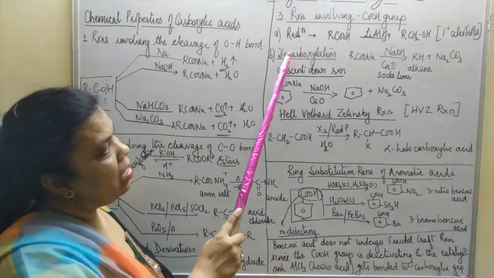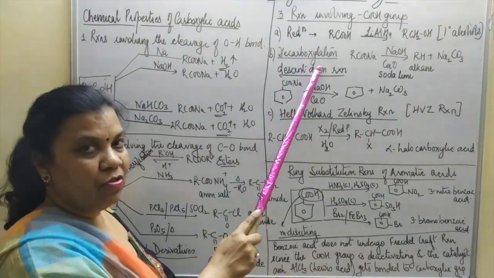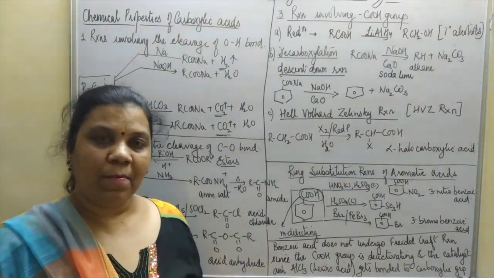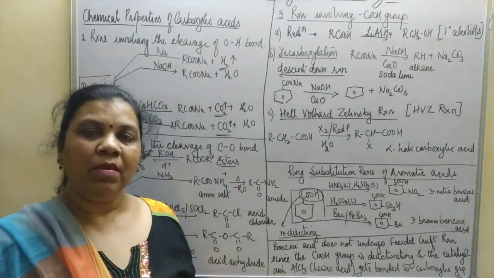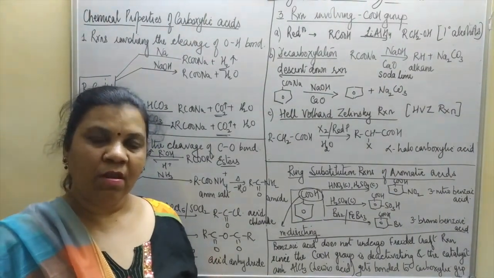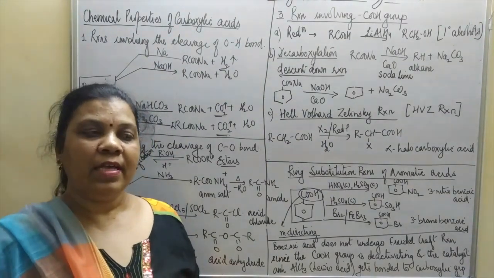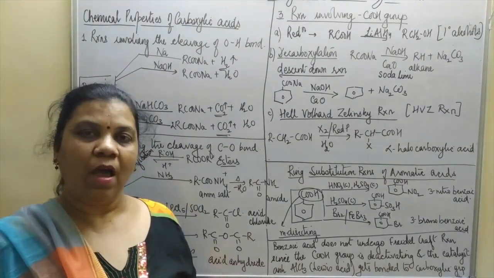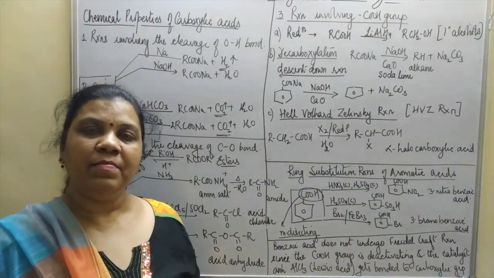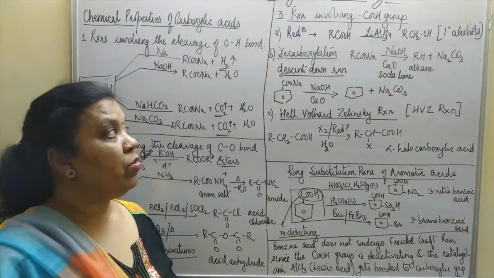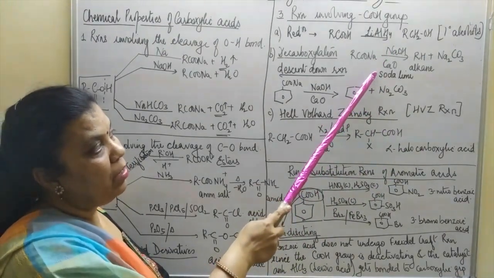So as a result of reduction, the acids on treatment with lithium aluminium hydride will get reduced to corresponding 1 degree alcohols. Next reaction is decarboxylation, which means removal of carbon dioxide. And remember, the reagent for decarboxylation is soda lime. Soda lime, as the name suggests, is a mixture of caustic soda NaOH and quick lime CaO. It is a reagent responsible for removing carbon dioxide.